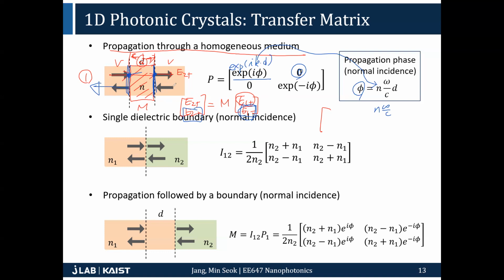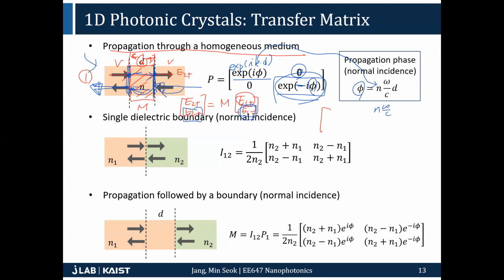So E2 minus comes in, propagates, and then becomes E1 minus. Because these two waves are going in opposite directions, the phase advance is also in the opposite direction. So it's the same amount of phase shift, but in the opposite direction. So this is the propagation transfer matrix.